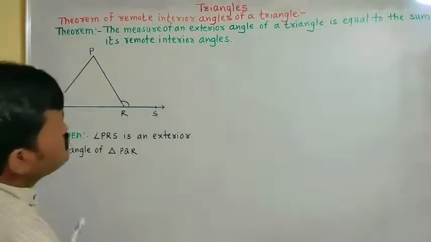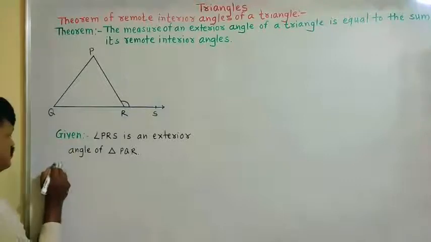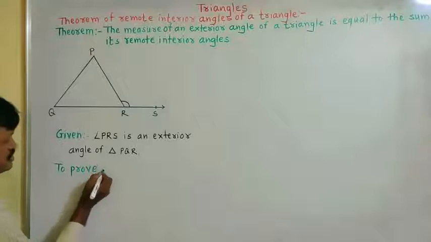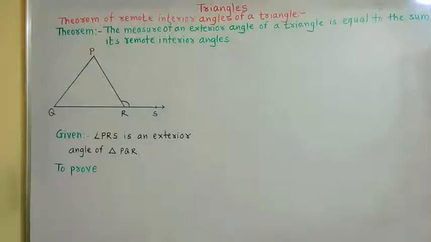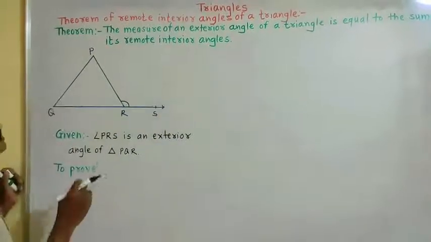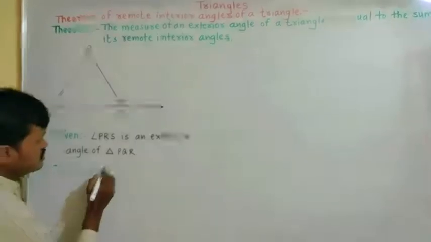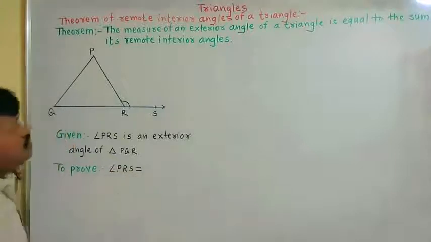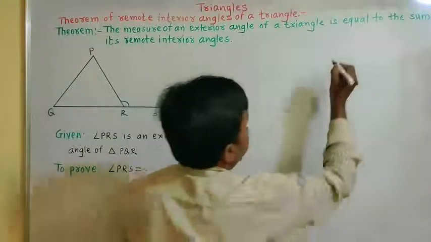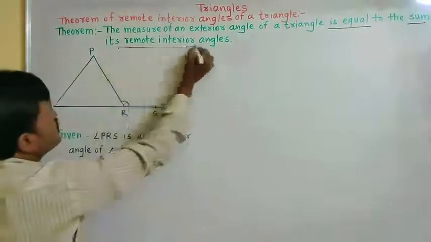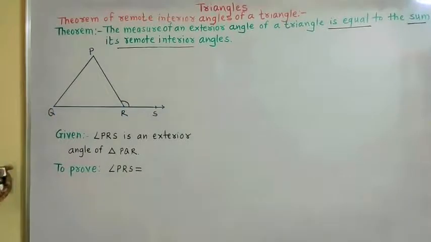Now we write here, to prove. काय सिद्ध करायचं आहे? The measure of an exterior angle, that means angle PRS. So write here, angle PRS is equal to the sum of its remote interior angles. So which are the remote interior angles?